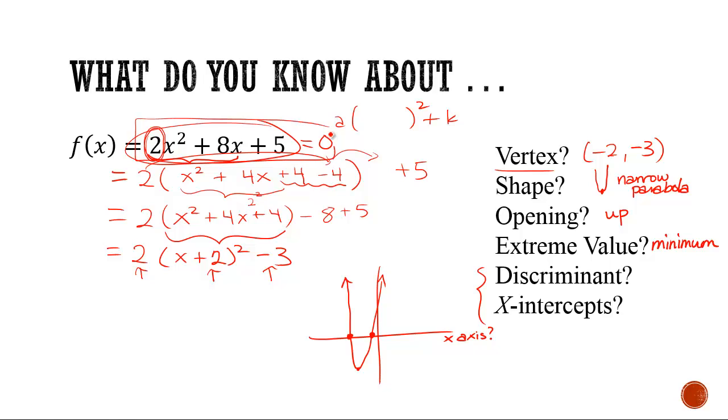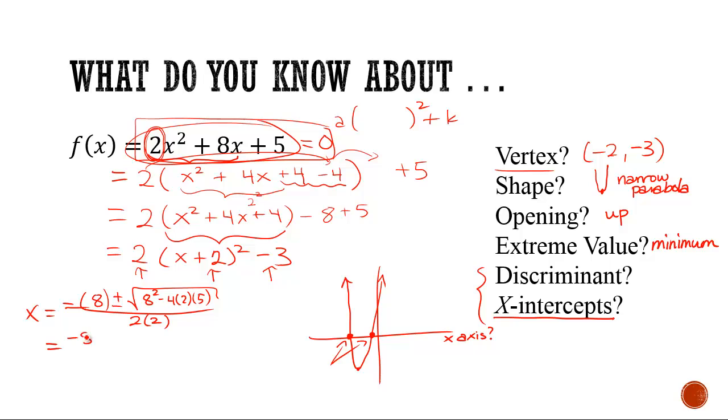So if this answer is desired to be 0, those 2 points were the 2 solutions that the quadratic formula told us about. If you recall the quadratic formula, that would have been negative b plus or minus the square root of b squared minus 4ac, over 2a. That'll actually tell us those 2 points. That'll tell us the x-intercepts.